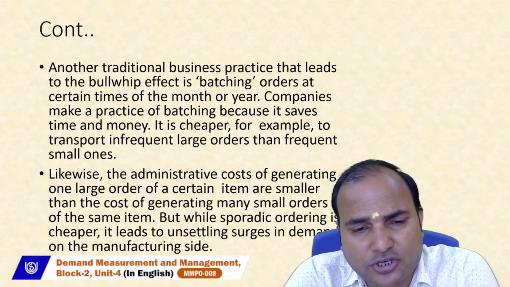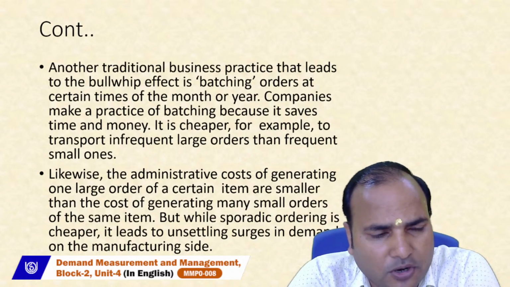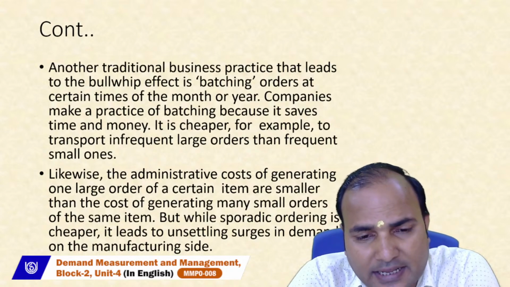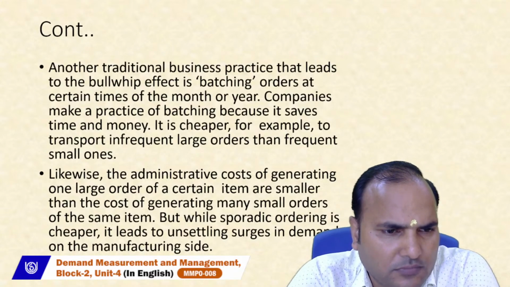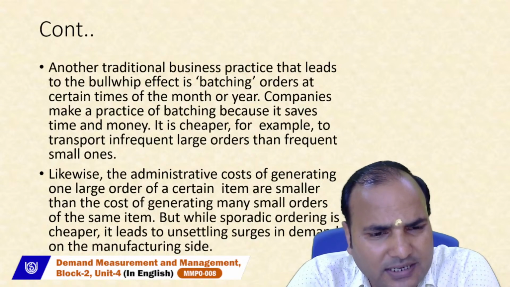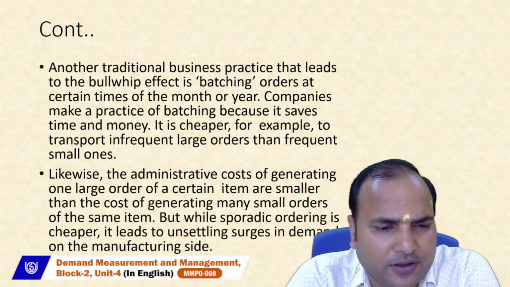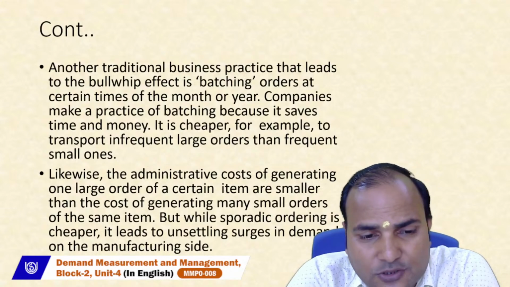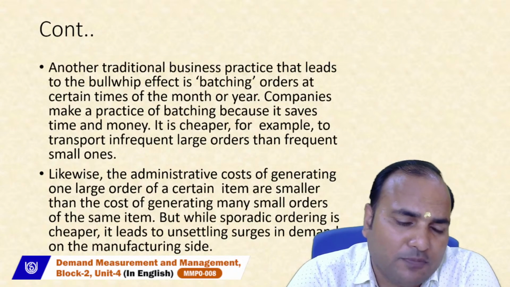Likewise, the administrative cost of generating one large order of a certain item is smaller than the cost of generating many small orders of the same item. So these things are also considered. But while sporadic ordering is cheaper, it leads to unsettling the source of demand on the manufacturing side also.